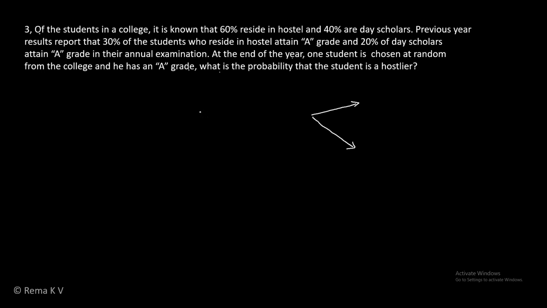Of the students in a college, there are two different sets. 60% of the students reside in hostel and 40% are day scholars. So can you identify what is E1 and E2?